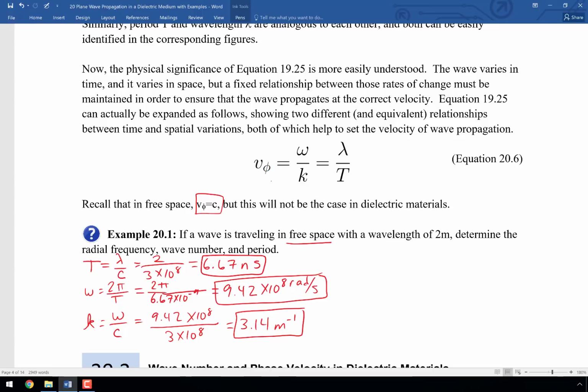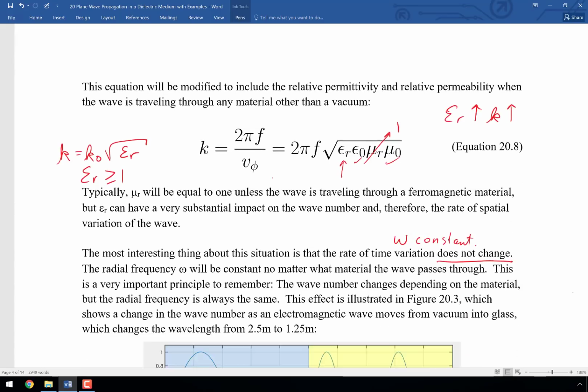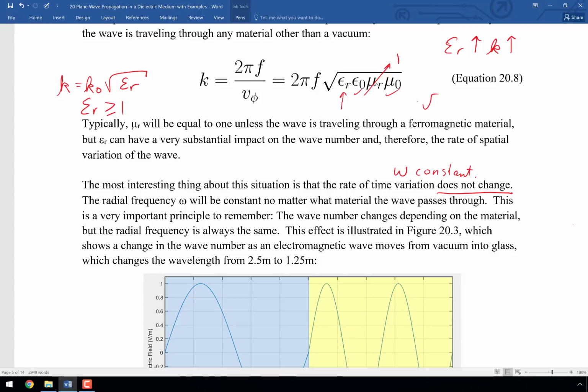V sub phi is equal to omega over k. So I'm going to copy that back down here again where it's relevant. V sub phi is equal to omega over k. And remember that since k is in the denominator, if k increases, then V sub phi must decrease. So what we find is that as epsilon r increases, k increases, and V sub phi decreases.